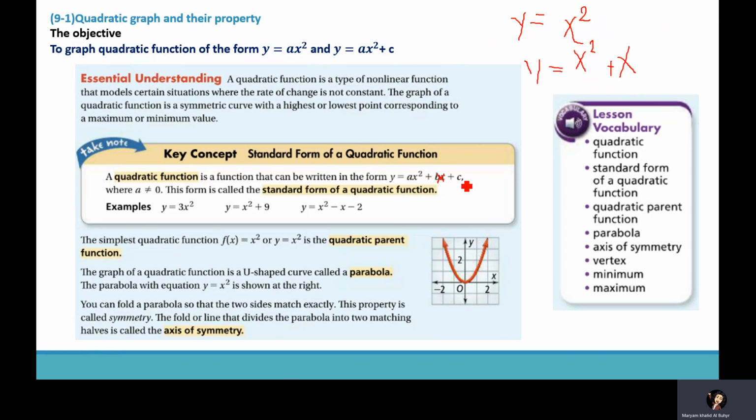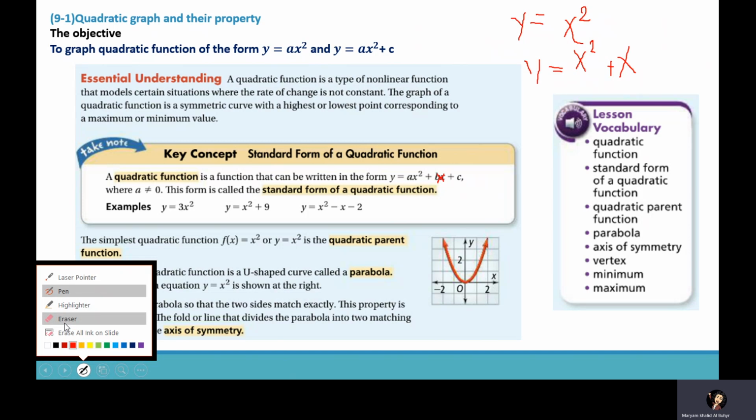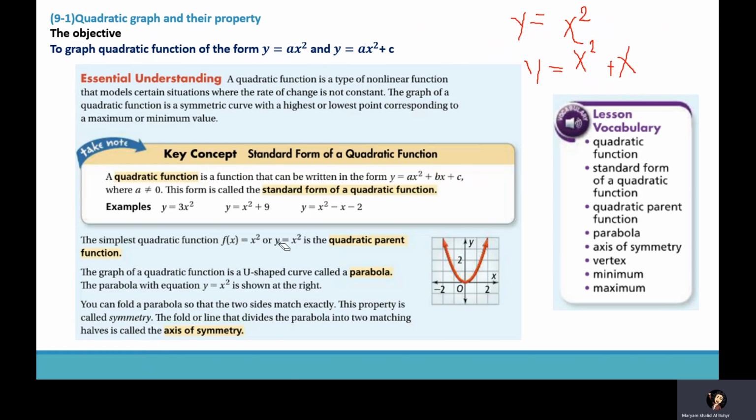We can say that this is the standard form of a quadratic function, and here are some examples.